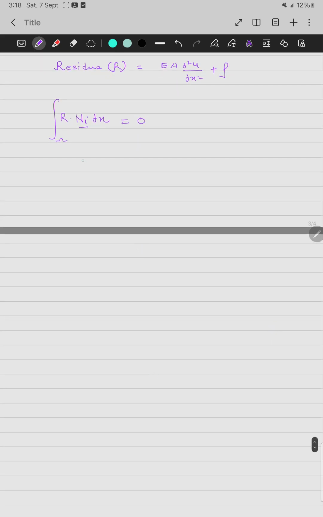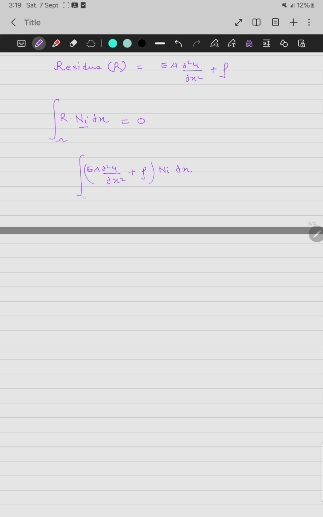Now put the equations in. We have EA del 2u by del x2 plus rho, multiplied with the shape function and integrated with dx.